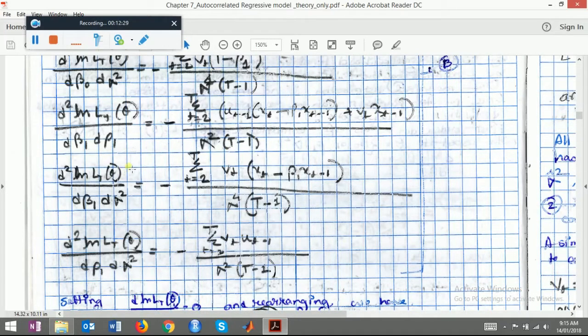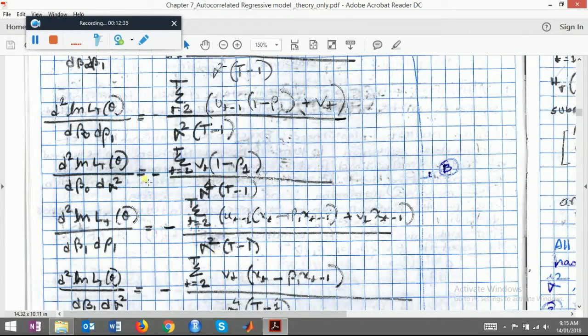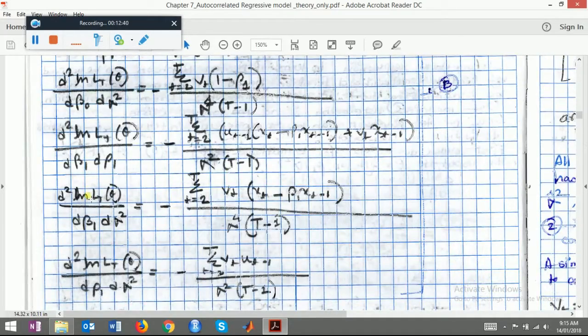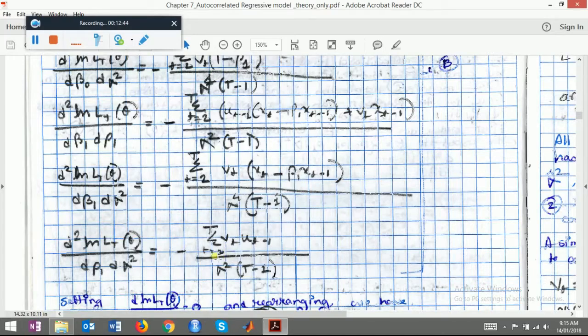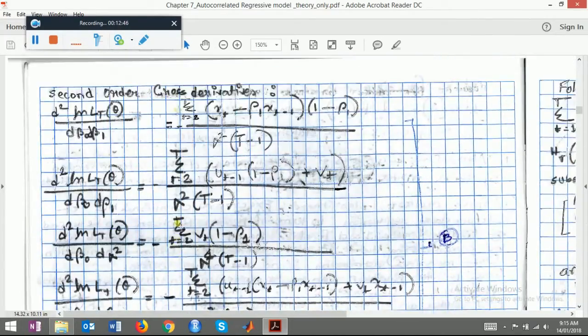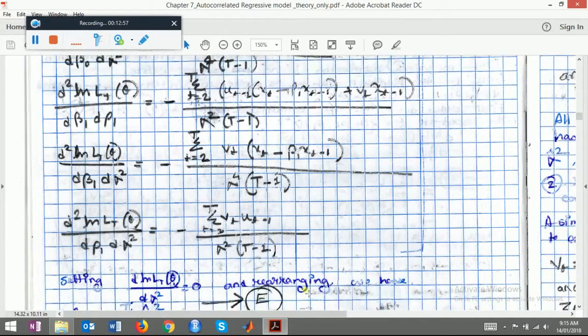And rho 1 d sigma square is simply negative. All these second order derivatives will be all minus. The first order derivatives were positive; the second order derivatives are always negative, minus, remember that.